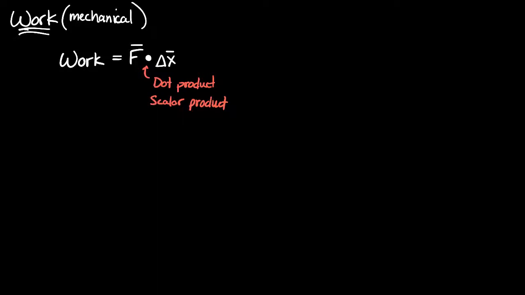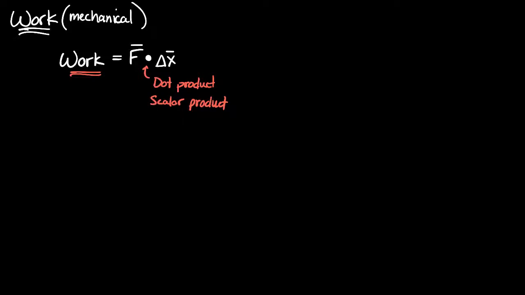It produces a scalar as a result. I'll explain why this one's used in a moment. The dot product takes two vectors and produces a scalar. There are other vector products. The other one that we will use this year is called the cross product, which will produce a vector as a result. The dot product and cross product are the two ways in which you can multiply vectors.